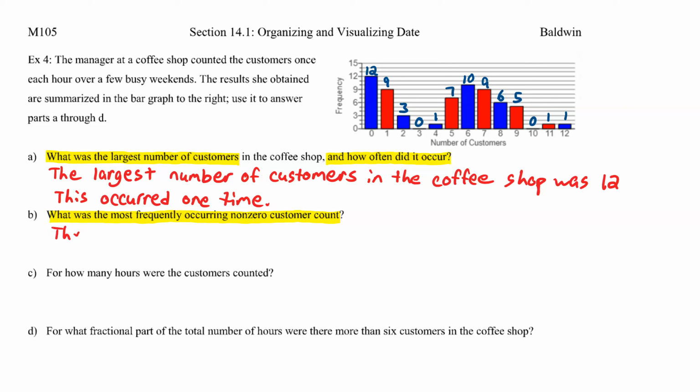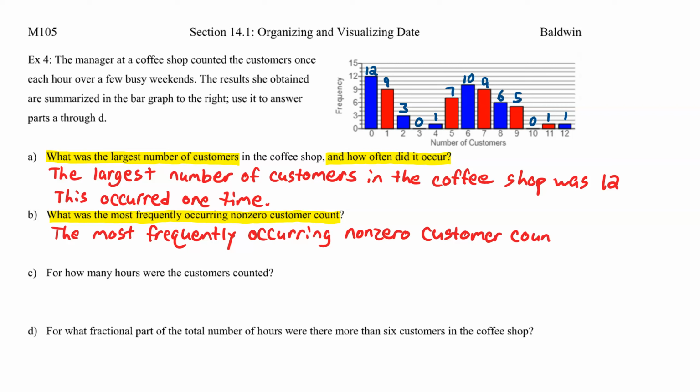So the most frequently occurring non-zero customer count was 6. And if we look at the frequency, this happened 10 times.